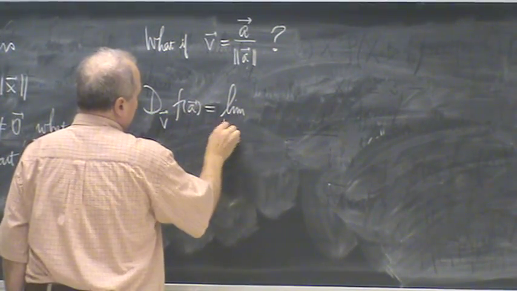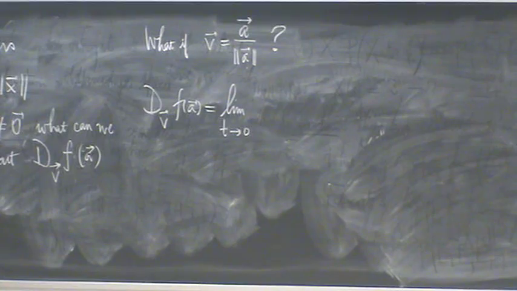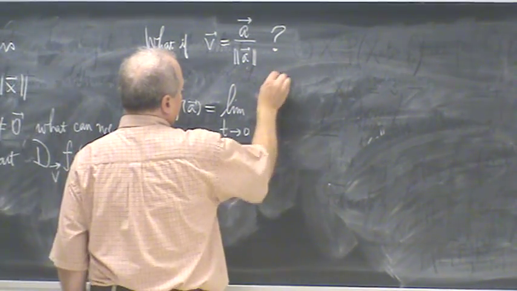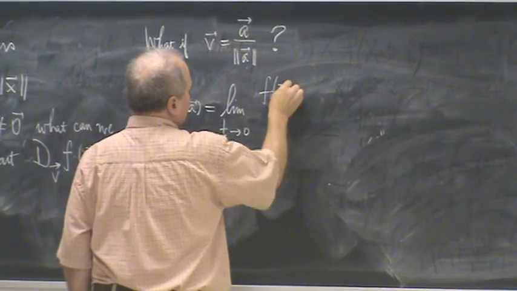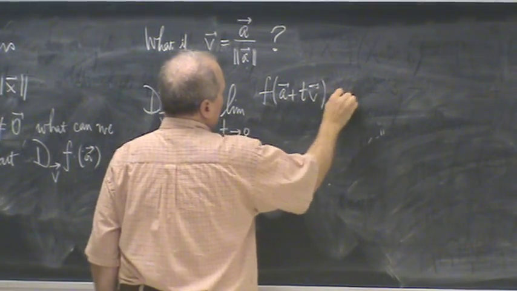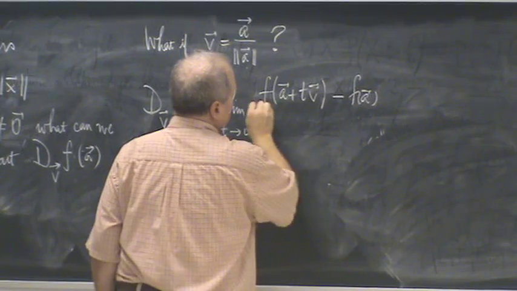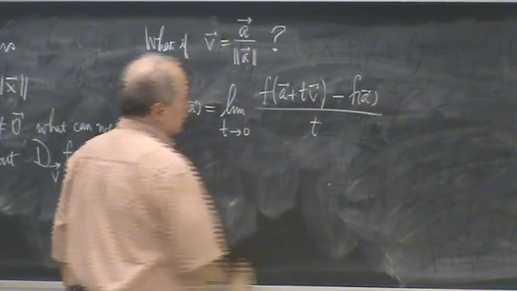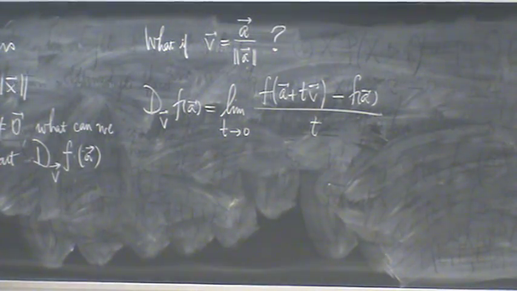Well, let's go back to our limit definition to make sure you learn it. What do I do? f of A plus tv minus f of A over t, which we also said was the derivative of moving along this line, taking the function along that line.